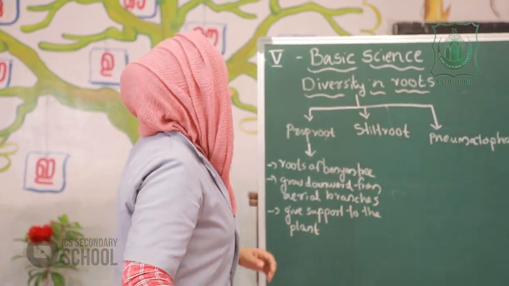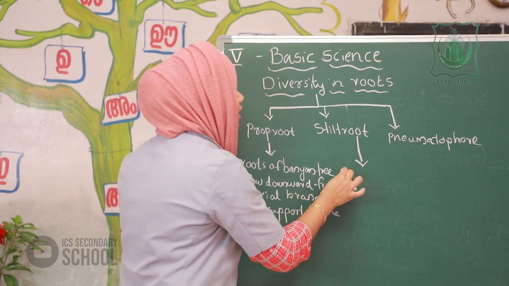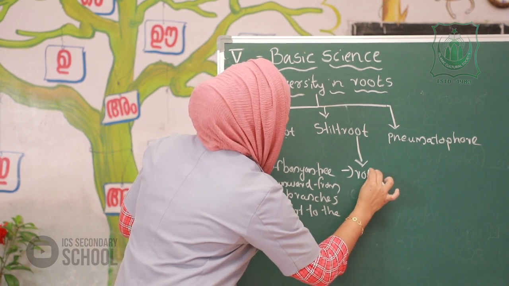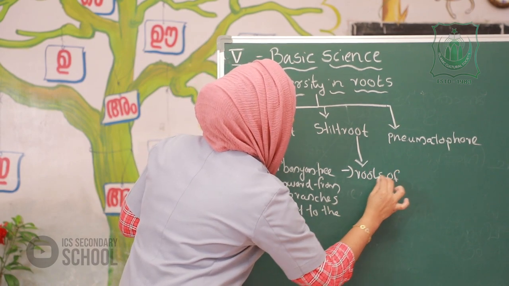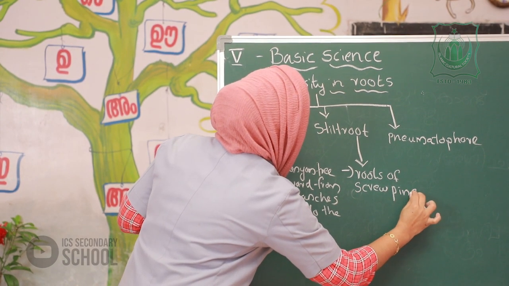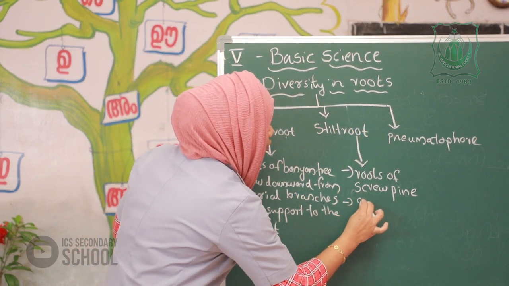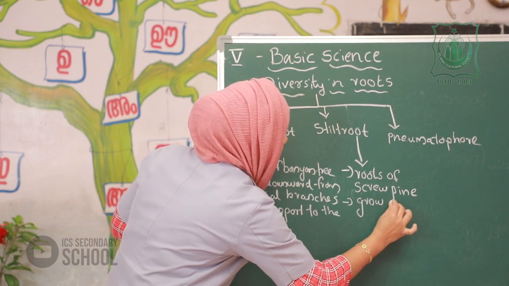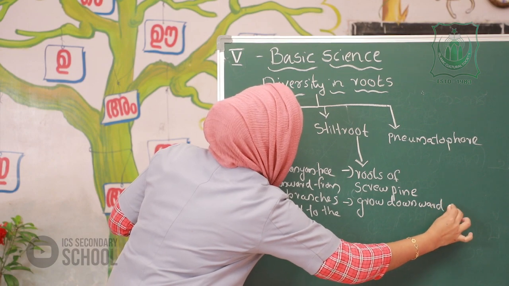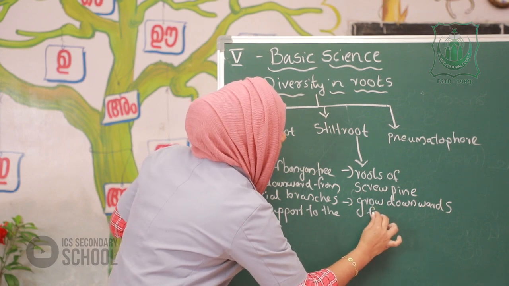So stilt roots are the roots of screw pine, which grow from the stem downward. From which part? The stem.